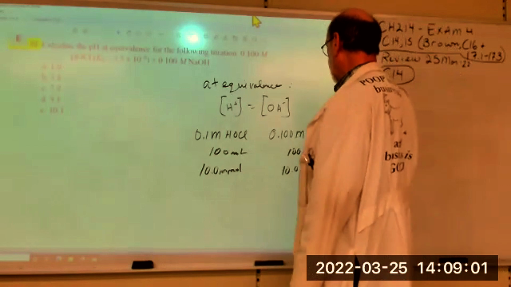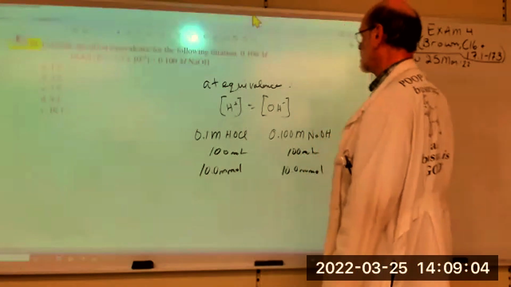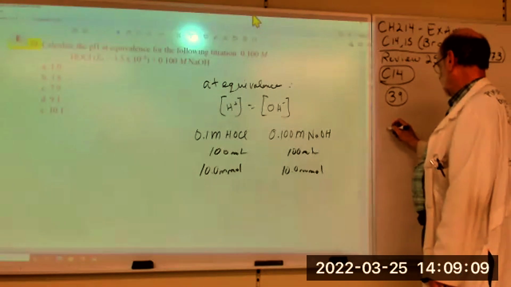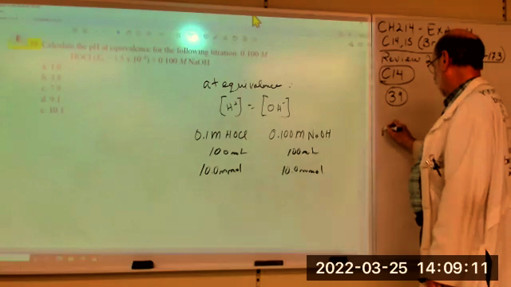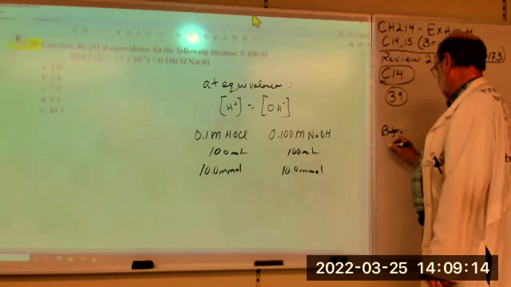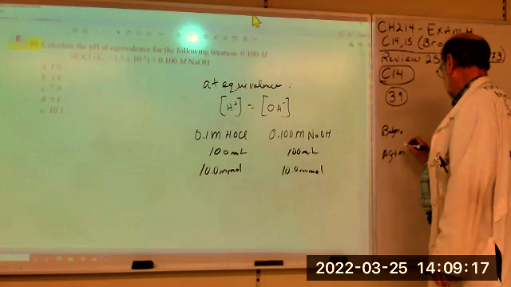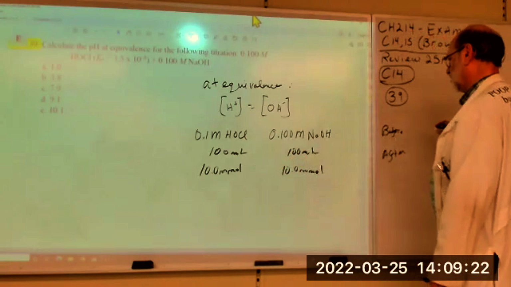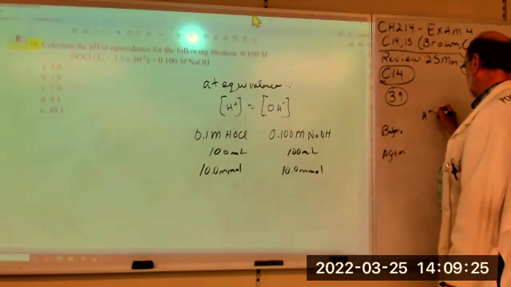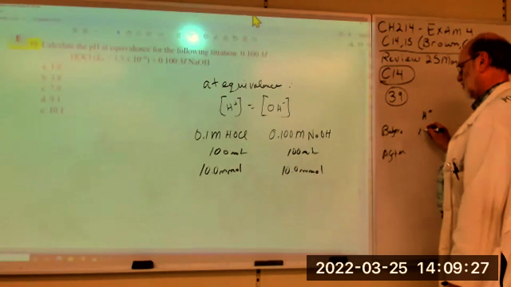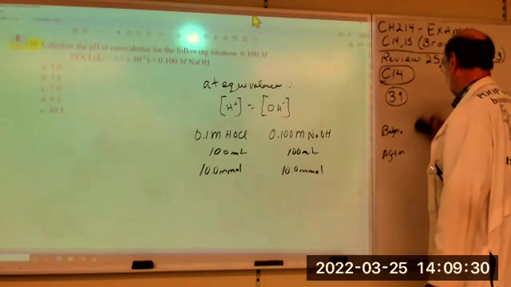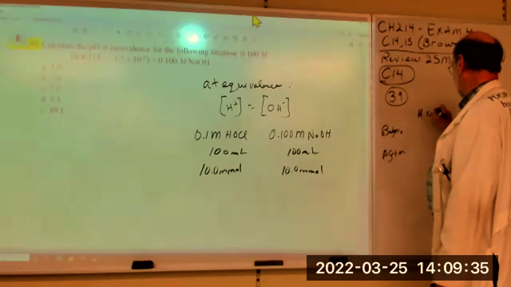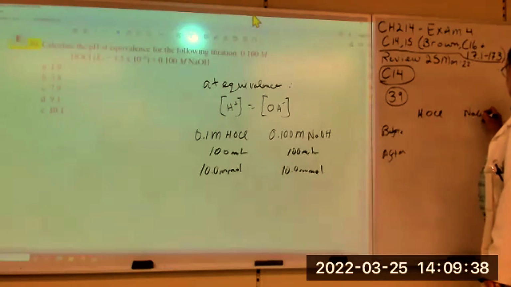Okay, so we're going to have a reaction, before and after. So before we have 10 millimoles of hydrogen ions. Wait a minute, that's not what I want to do. We start off with HOCl and sodium hydroxide.